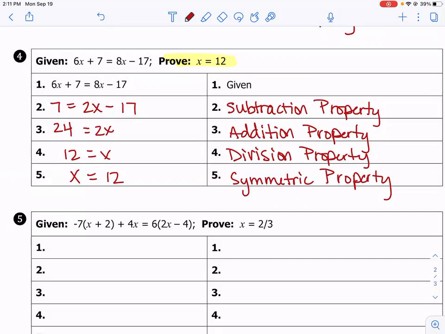Do proof B first. Can I fill up my water bottle? I'm really thirsty. My throat hurts. Can I fill up my water bottle? Yeah, that sounds correct.